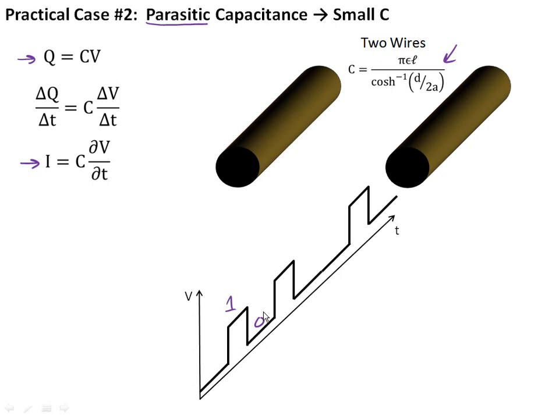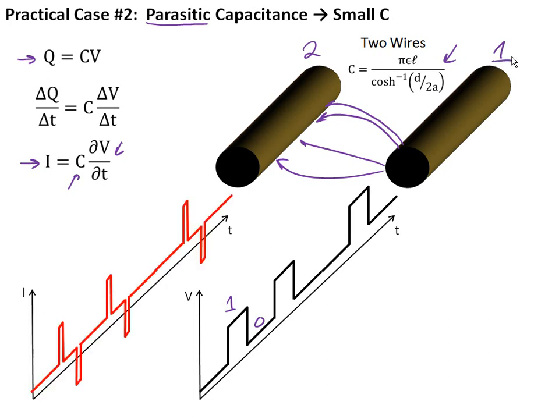What does this mean? It means that when you have a changing voltage and you have a non-zero capacitance, you will induce a current. Since these two wires are connected by electric flux fields, because they have capacitance, you get a current induced on wire number 2 when you have a signal on wire number 1.